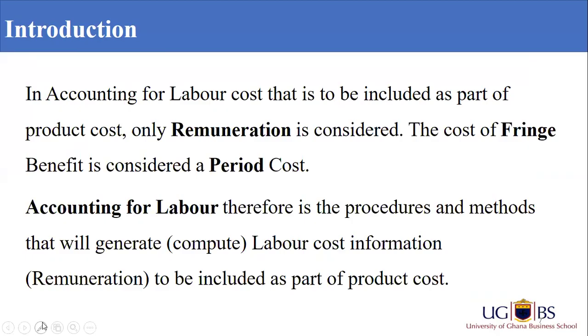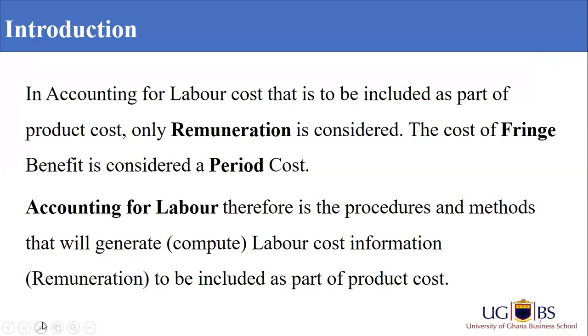So in accounting for labor cost, that is to be included as part of product cost, only remuneration is considered. The cost of fringe benefit is considered as a period cost.